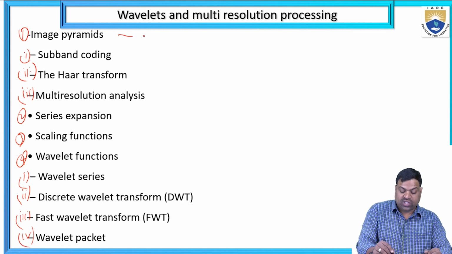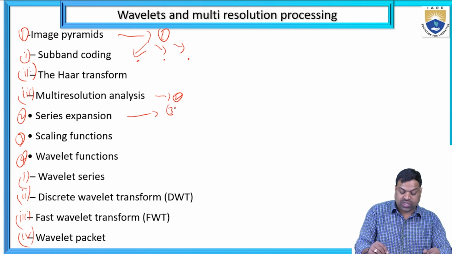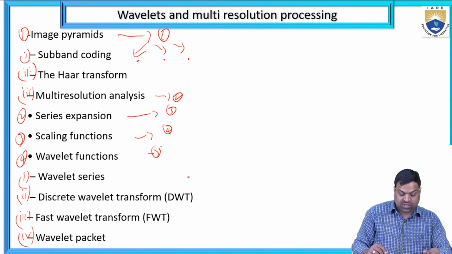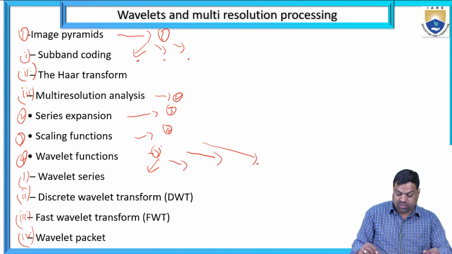So the first one is the image pyramid. In the image pyramid, we have subband coding, Haar transform, and multi-resolution. These are the 3 types. Another multi-resolution is the second one: series expansion, scaling function, and wavelet function. In the wavelet function, there are wavelet series, discrete wavelet transform, fast wavelet transform, and wavelet packets.